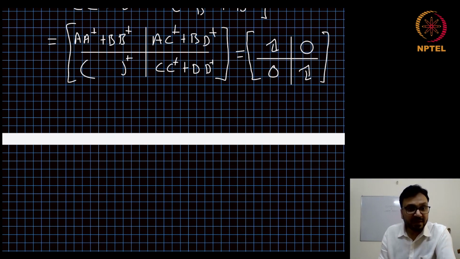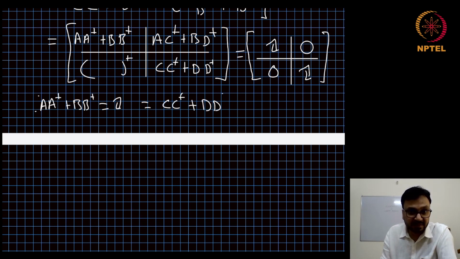So from here we get information that A A dagger plus B B dagger must be identity, and same for C C dagger plus D D dagger. This implies that A A dagger equals 1 minus B B dagger, and C C dagger equals 1 minus D D dagger.